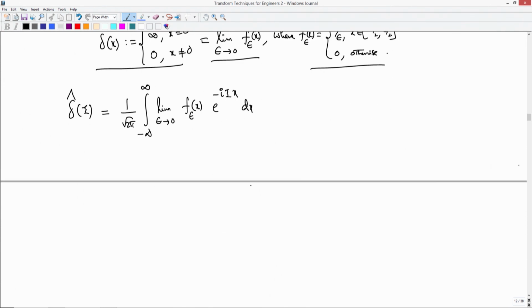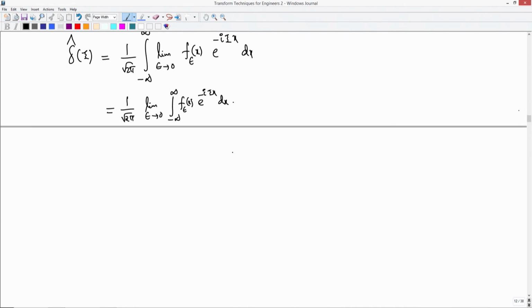That is my definition of Fourier transform. You can bring this limit outside, and now we calculate the integral of f epsilon of x e power minus I xi x dx.